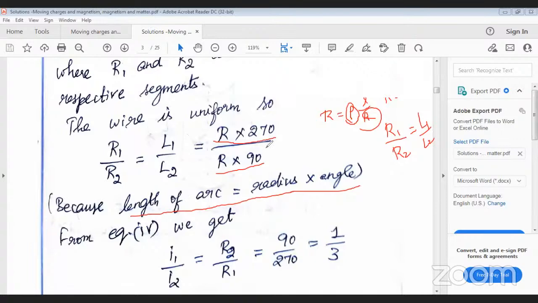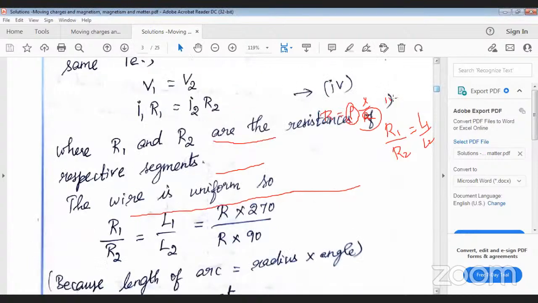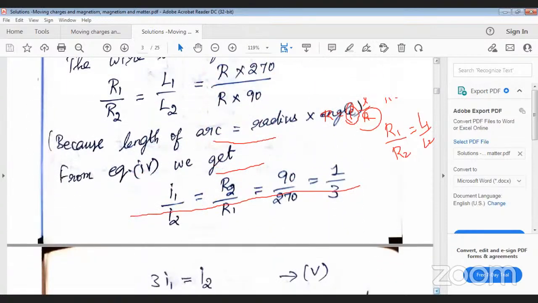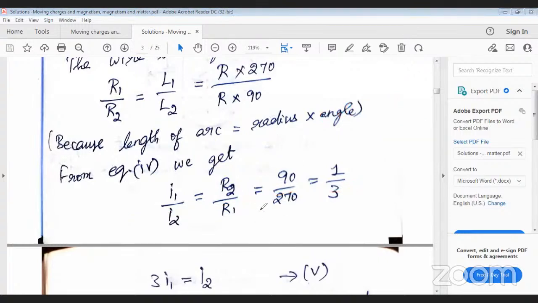So here you know very well, you see I1 R1 equal to I2 R2. We have mentioned here. That means I1 by I2 equal to R2 by R1. So based on this, we can write 90 by 270°.